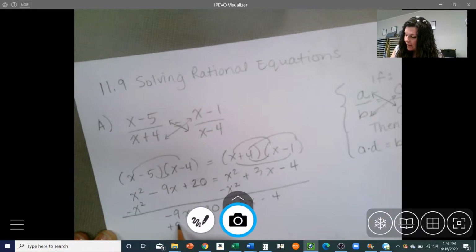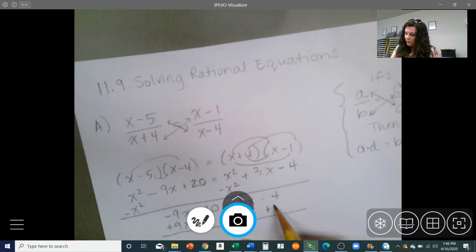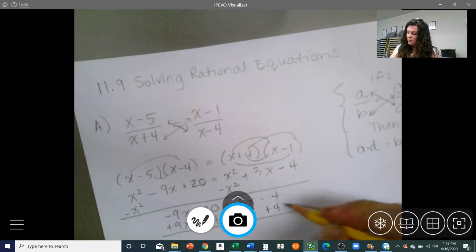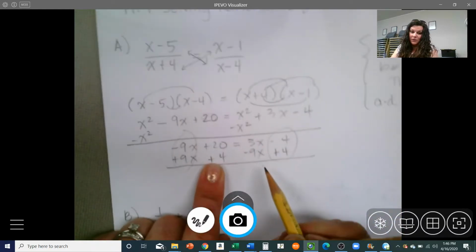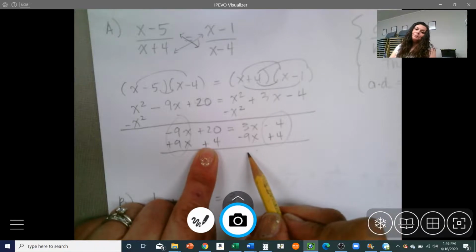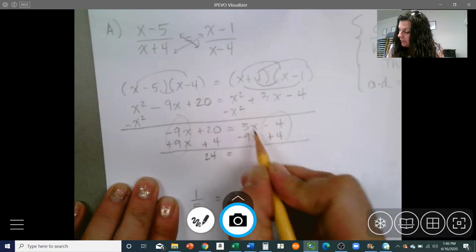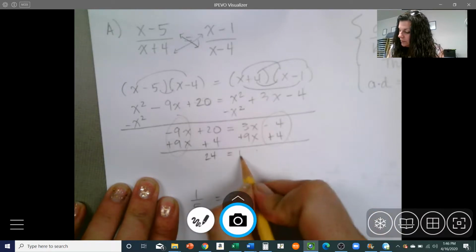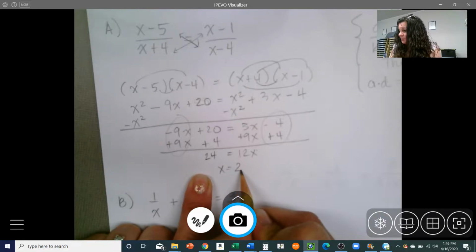I think I will add 9x to both sides, and also add 4 to both sides, so that this goes away and this goes away, so I have things on both sides. So I have 24 equals 12x, and so x equals 2.